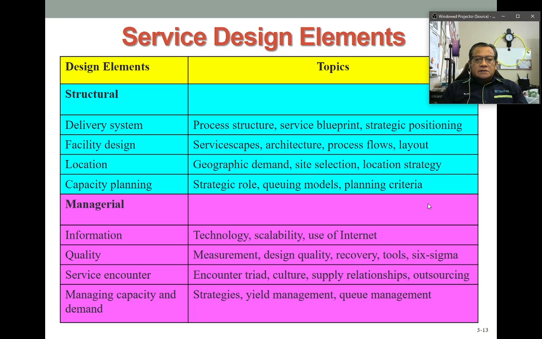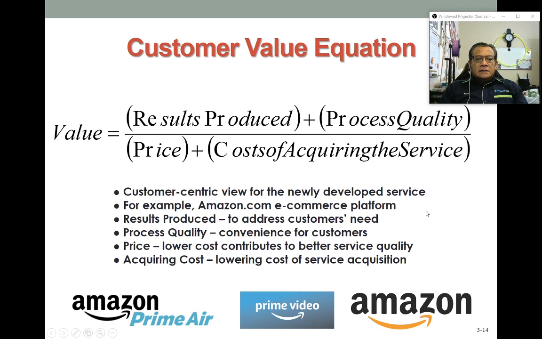Next, how to calculate or estimate the customer value equation. This is the formula presented in the textbook, in which the customer value equals the results produced plus the process quality.